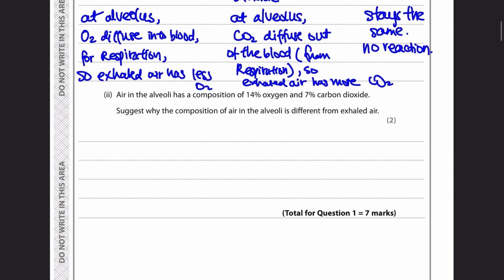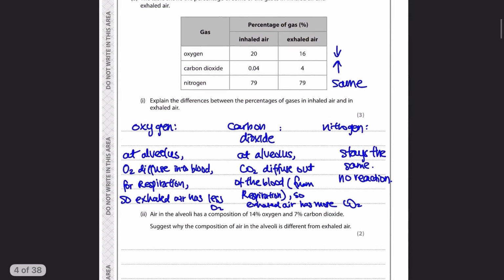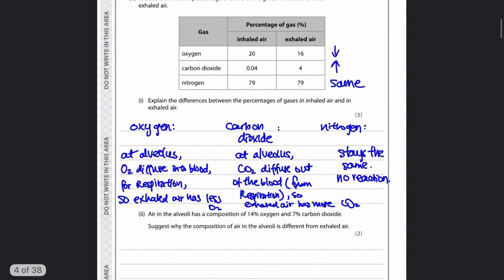Okay, next bit. So here it says air in the alveolus has a composition of 14% oxygen and 7% CO2. Suggest why the composition of air in the alveolus is different from the exhaled air. So let's look at the exhaled air. Let's color code this. So for oxygen, exhaled air is 16%, but in the alveoli, the oxygen is just 14%.